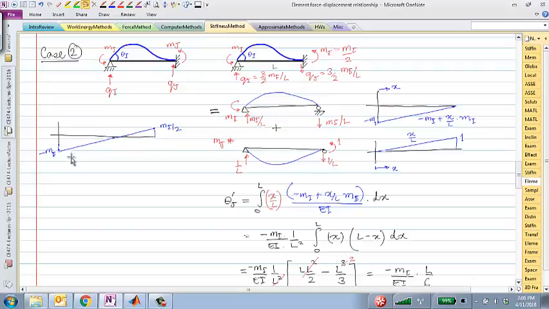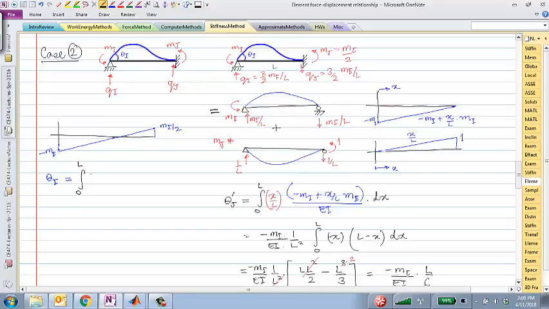And if I want to find the rotation here, I can again use the virtual work method. So theta i would be equal to the integral 0 to L. I need the virtual bending moment, which would be the virtual bending moment for a unit load, or a unit moment in this case.